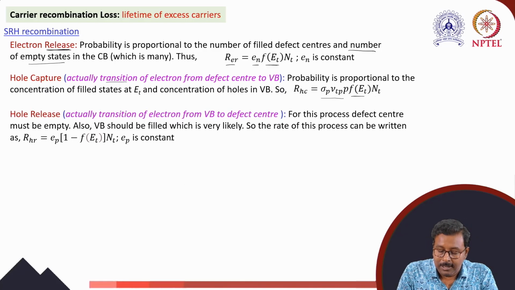Hole release, similar to the electron release, can be written as some constant into 1 minus F of Et, NT. Why 1 minus F of Et? Because for hole release, the defect center must be empty. Hole release means transition of an electron from the valence band to the defect center.